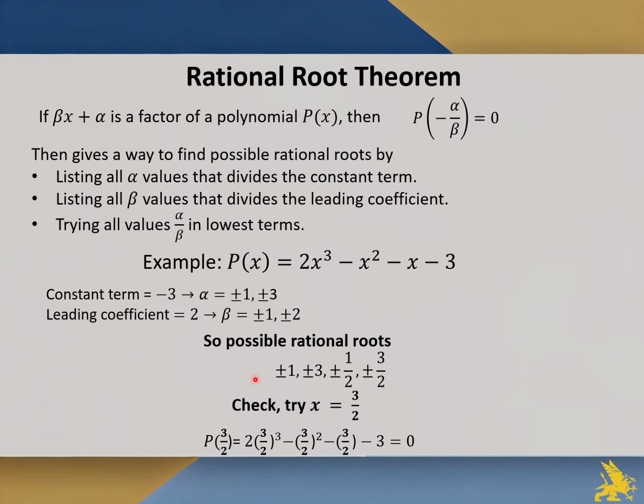So these are all of our examples. So that means we've only got, in this case, 8 values that we need to check to see if they are a factor. And I just picked one, so I put 3 over 2 in, and that then got me to 0.